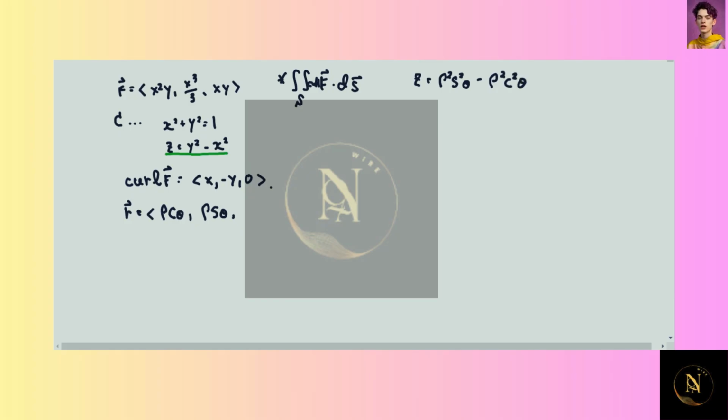You can factor out a rho squared, and if you recall, cosine squared minus sine squared is equal to cosine of 2 theta, so this is the negative version of that. So we can rewrite it as negative rho squared cosine of 2 theta, and I will choose that as my expression of z.